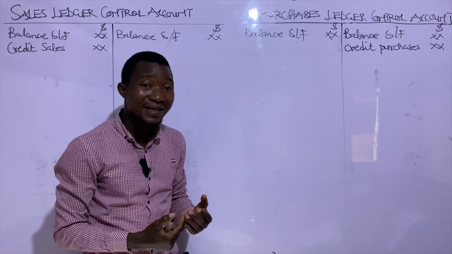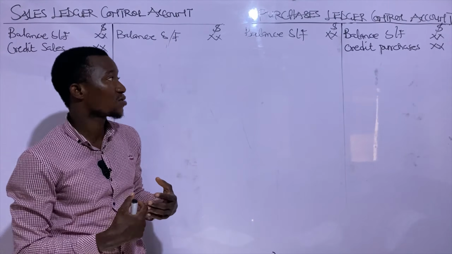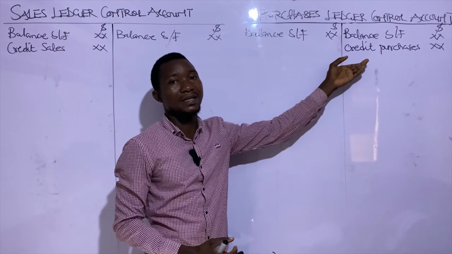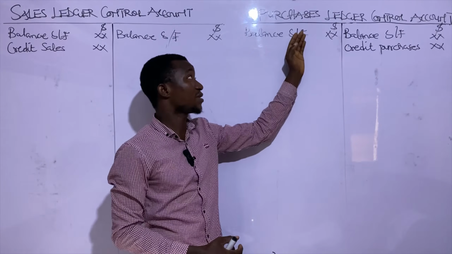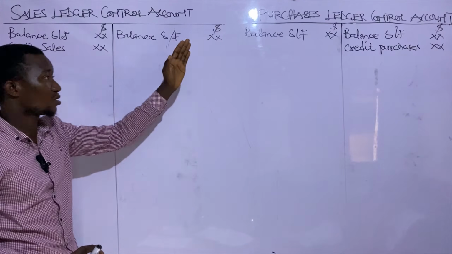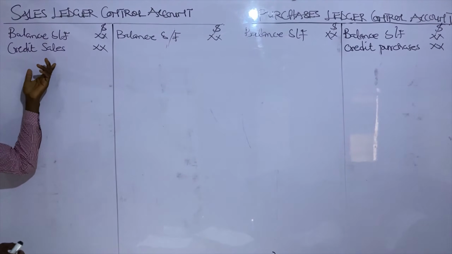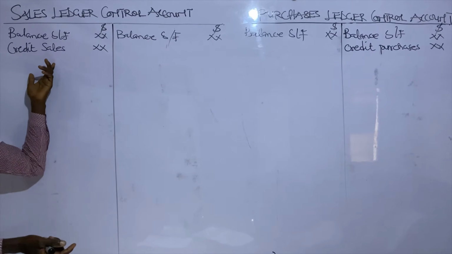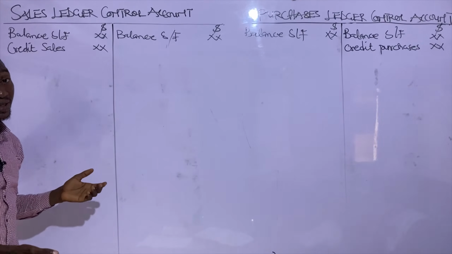When this happens, we debit our purchases account and then we credit the creditors account because the purchases ledger is a total creditors account. And credit sales is when businesses sold an item to its customers on credit basis.